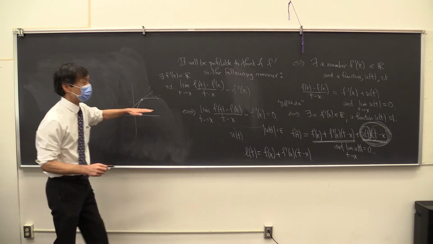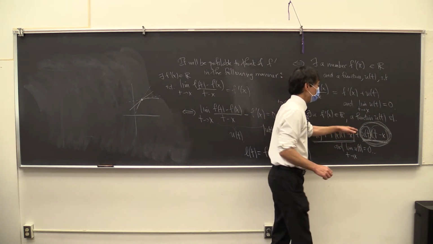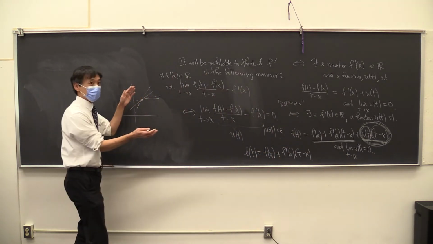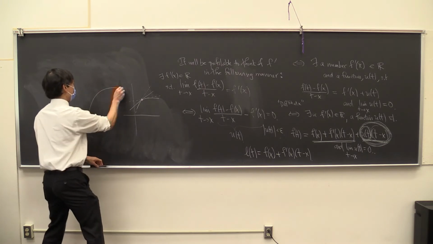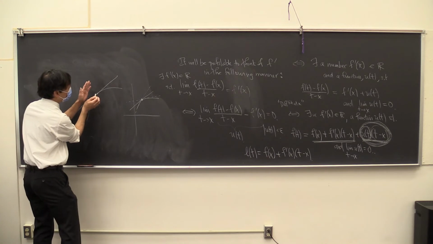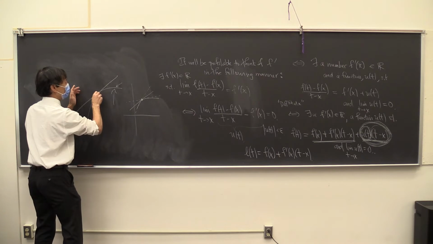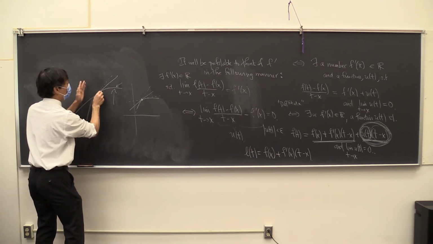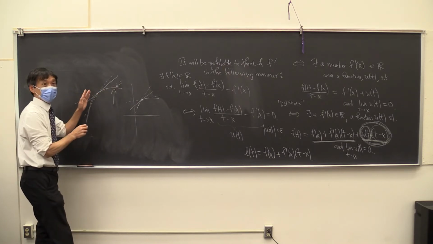So that's what this is saying, right? That's one way you can think about this. For any epsilon you choose, you can find a neighborhood in which your function is trapped between the tangent line plus a line of slope positive epsilon and a line of slope negative epsilon.